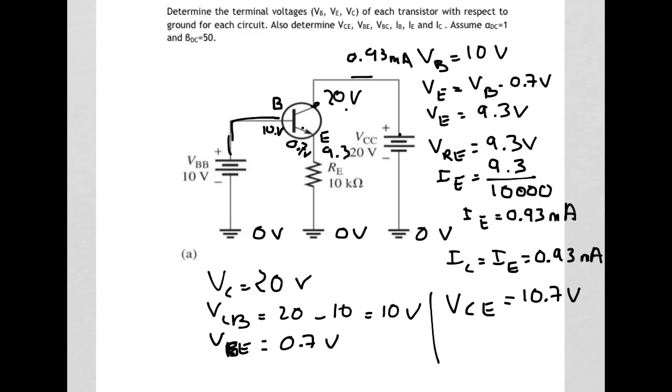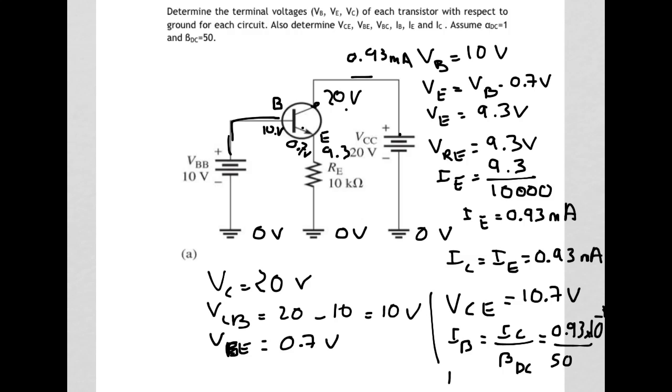Now IB is going to be IC over beta DC. Okay, beta DC is 50, so it's 0.93 times 10 to the minus 3, over 50.